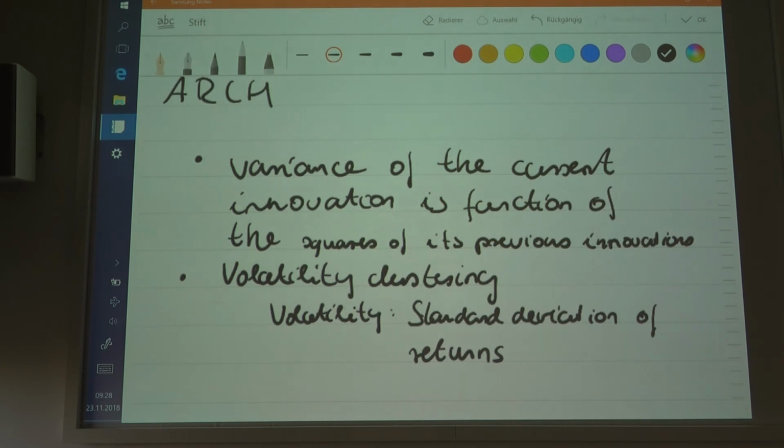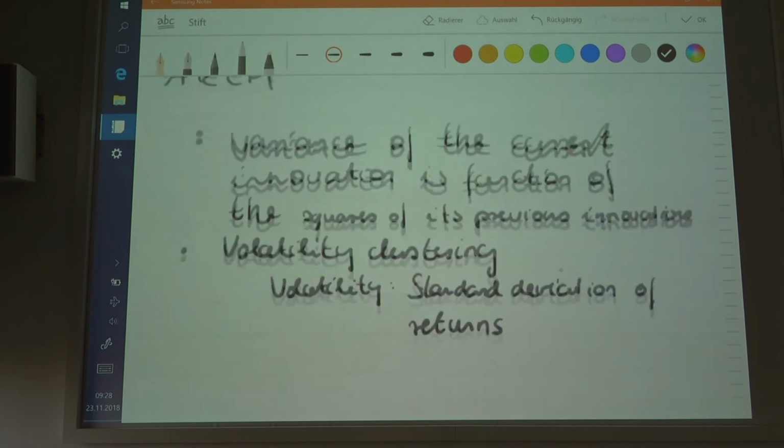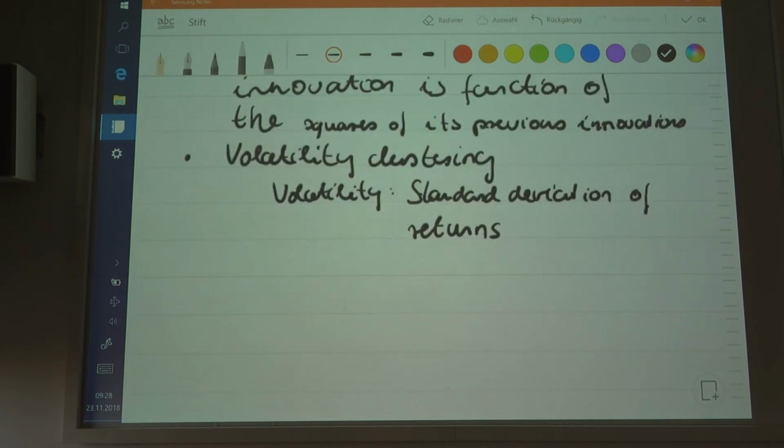What you observe in financial data is that you have periods of swings in the return of the asset followed by periods of relative calm. So you have periods with high volatilities, and this is what you observe in practice.